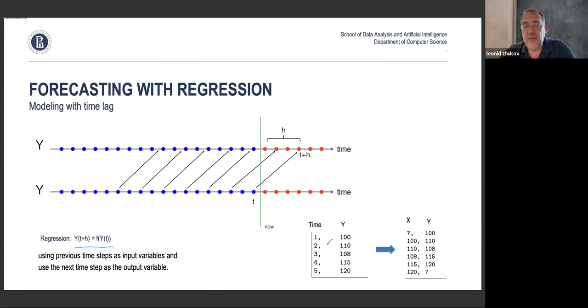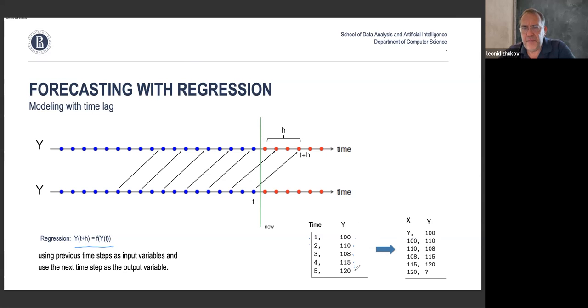So the way to think about this is the following. Let's say you have those time data points 1, 2, 3, 4, 5, and then there are y variables, right?